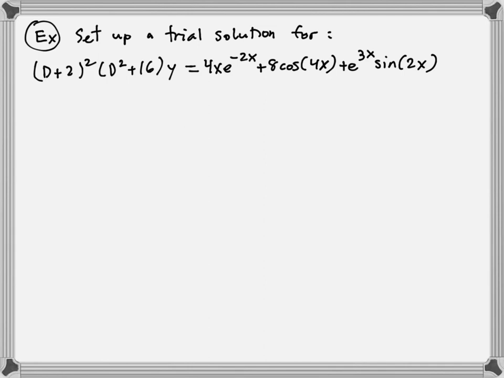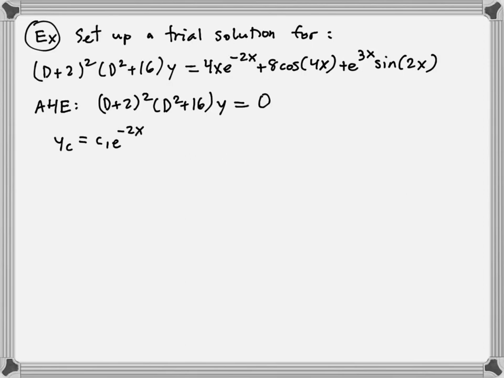So let's start by finding yc, and we're going to write down the associated homogeneous equation. That's going to be D plus 2, squared, times D squared plus 16, of y is equal to 0. So we can already write down our yc. Our yc is going to be c1 e to the negative 2x, but it's squared, so we need another one with the x term there.